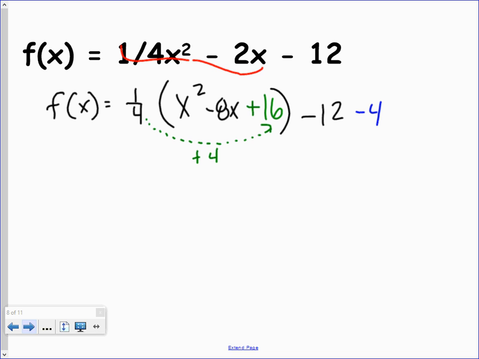So anytime you factor something out, then you have to remember to distribute it. So we would get f of x equals 1/4 times x minus 4 squared minus 16.